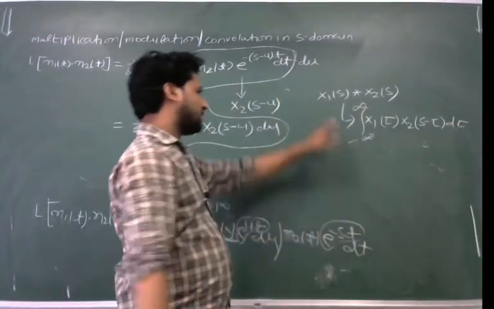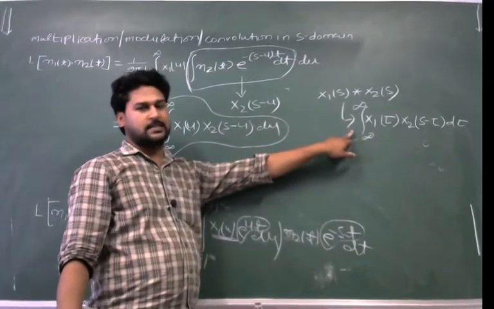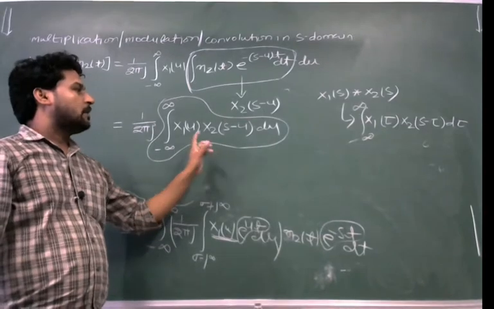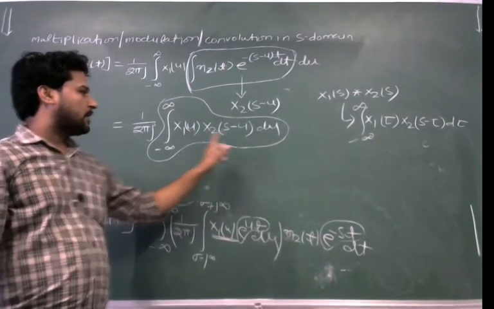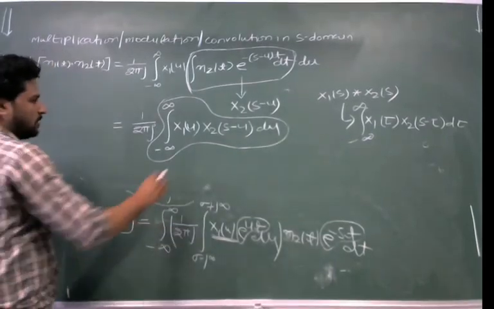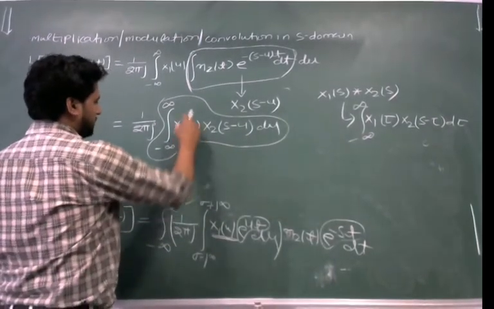Convolution can be expressed in this way, and we can relate this expression with that expression; in place of u, the variable tau is given here.